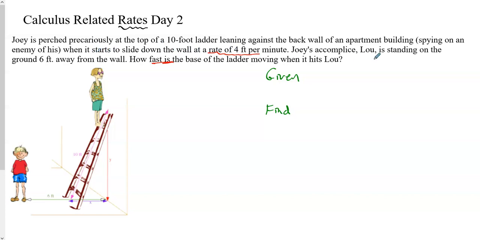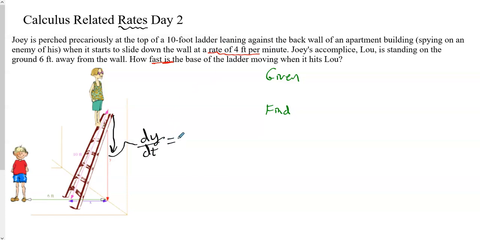It says that we're seeing Joey slide down the wall. Luckily for us, this particular question already has this labeled. If it didn't, I would label it because I have motion happening with the top of the ladder going down the wall. So if y is the distance from the floor to the top of the ladder, the rate of that change is dy/dt. They're giving me dy/dt as 4 feet per minute.